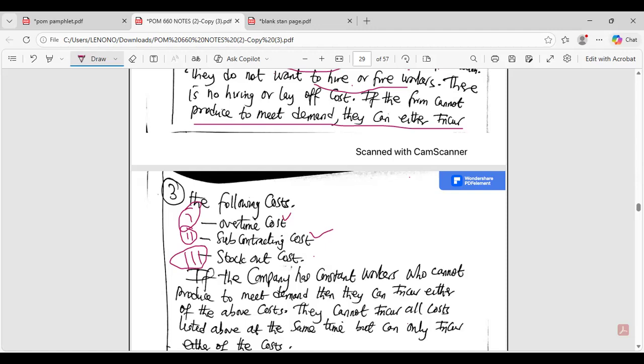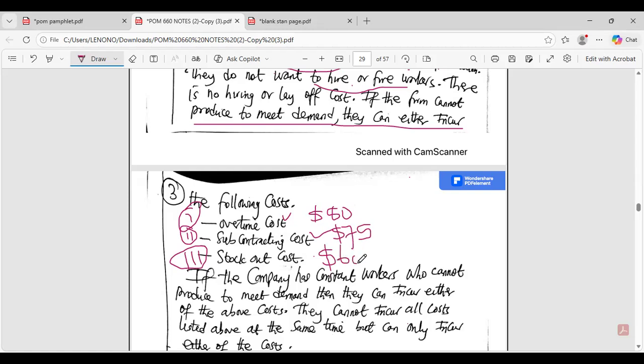Is that clear? So you will choose which one is cheapest among the three. Per unit, let's say overtime is $80, subcontracting is maybe $75, and the stock out cost or back order cost is $60.